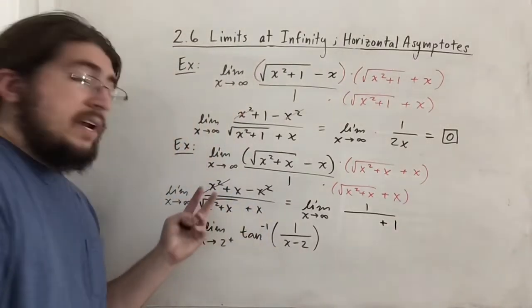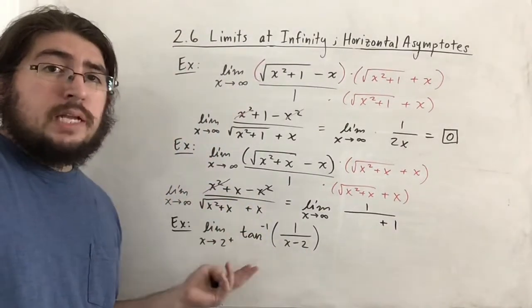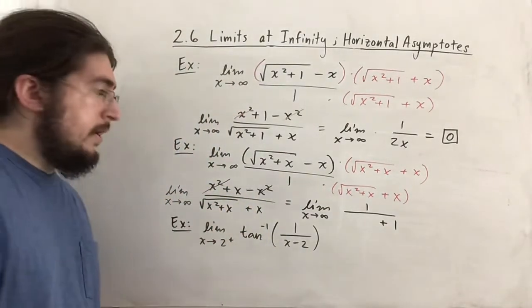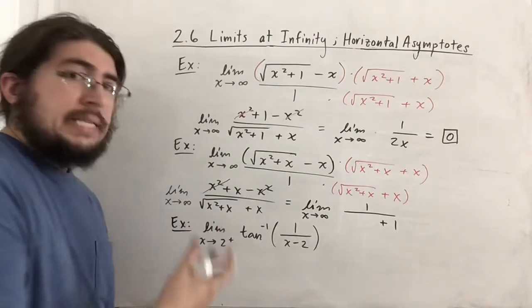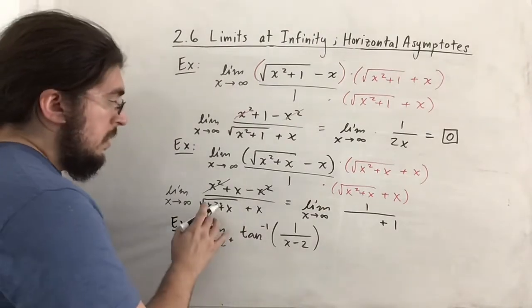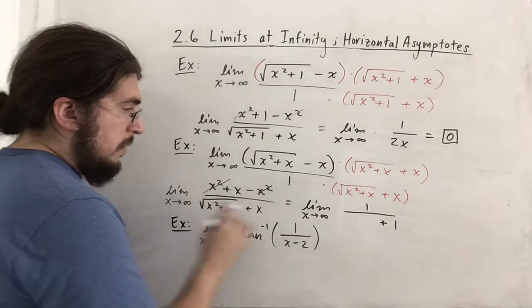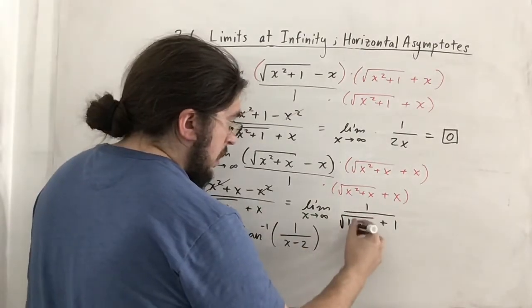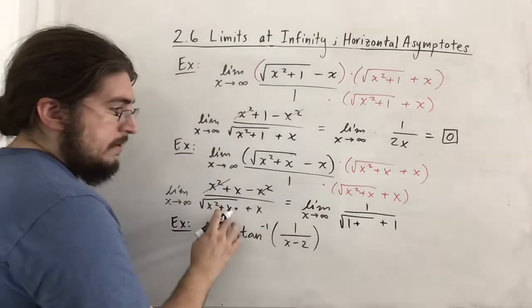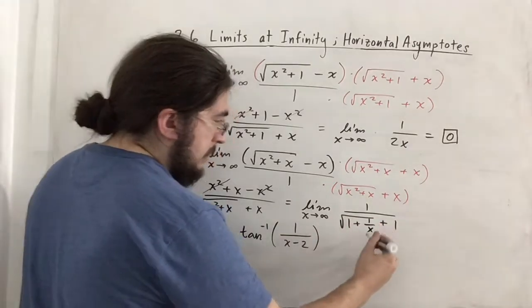And remember, if we divide a radical by x, we divide each term inside the radical by x squared, because x is the same as radical x squared. So x squared over x squared in the radical is 1, and x over x squared in the radical is 1 over x.